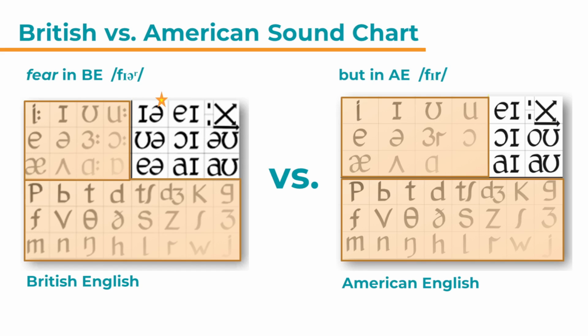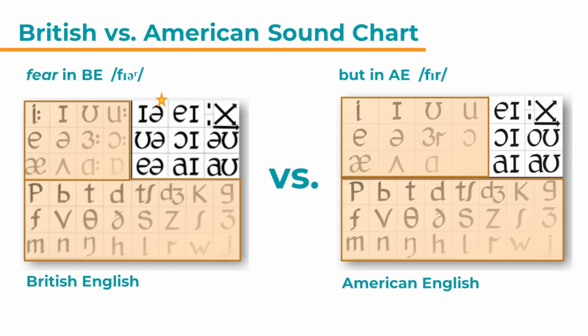The first one is the diphthong ear, and I put a little star next to it. And so here's an example word for the diphthong ear. Fear, fear. Now obviously the word fear exists also in American English, and you probably think, well wait, how do they pronounce it and how do they transcribe it?